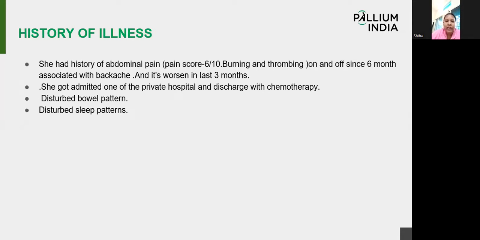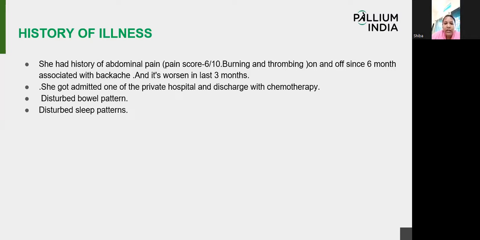The history of illness is like this. She had a history of abdominal pain. Pain score was 6/10, according to what they use in their hospitals, like face rating scales. The pain is associated with burning and throbbing, on and off since 6 months, associated with backache, and it worsened in the last 3 months.